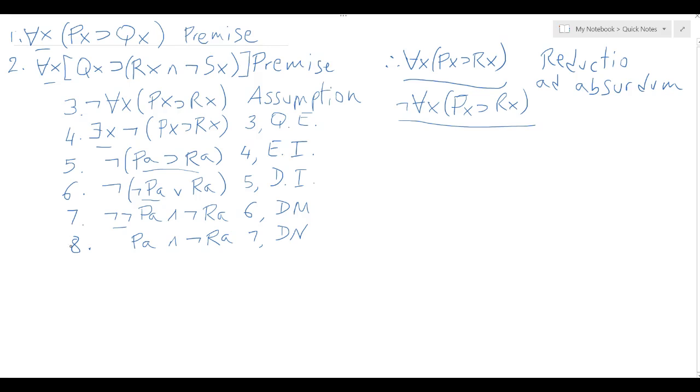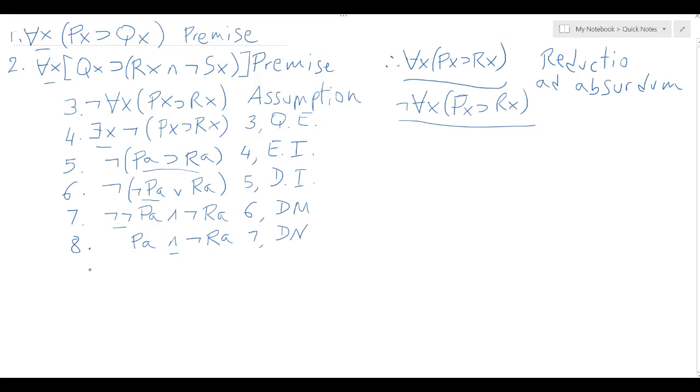Okay, and here things are beginning to look good, if you think about it, because we have worked our way to a conjunction. And conjunctions are easy to work with because you can use the rule of simplification and just break them apart. Obviously, if you have PA and not RA, this formula entails both PA alone and not RA alone.